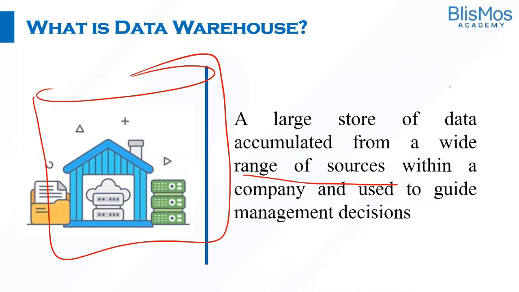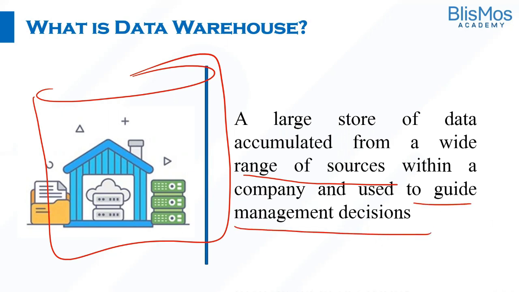But why are we doing all this circus? To guide management decisions. So data warehouse, in a simple layman's term, is a large store of data accumulated from wide range of sources within a company used to guide management decisions. Please bear that in mind.